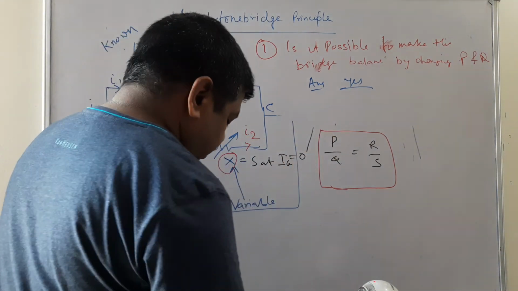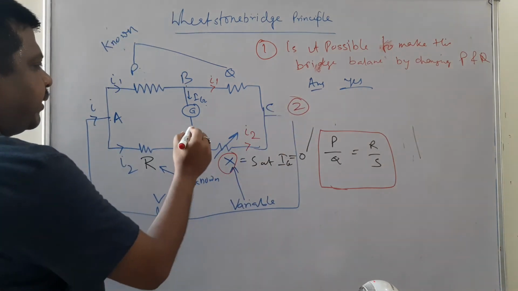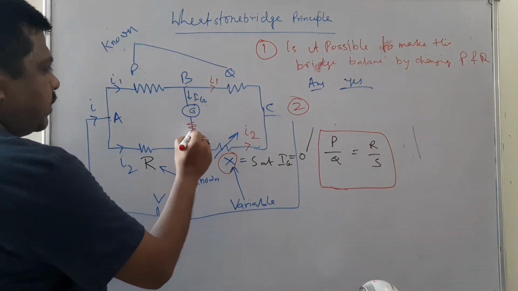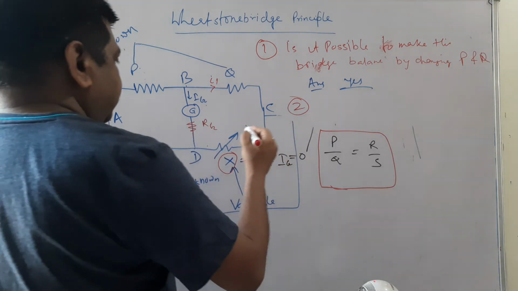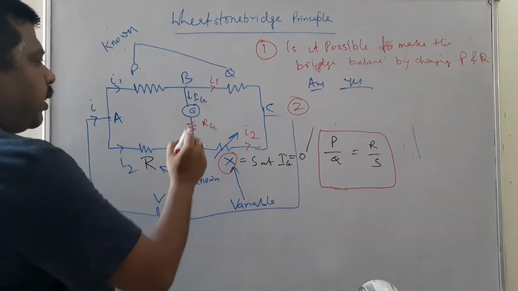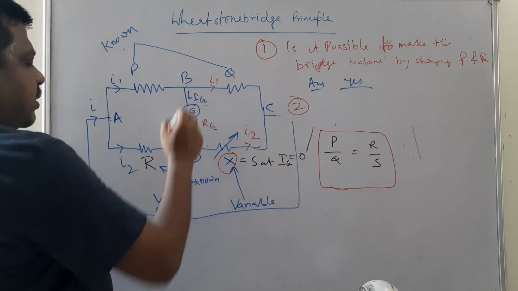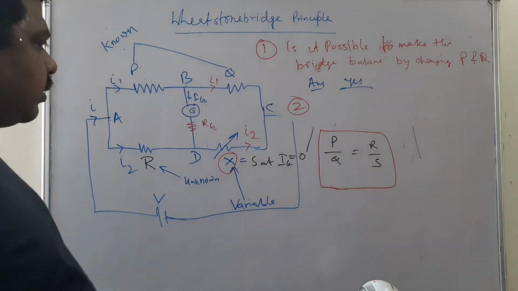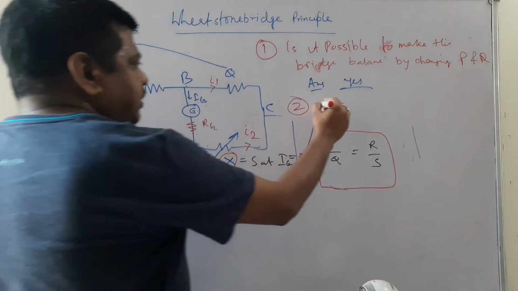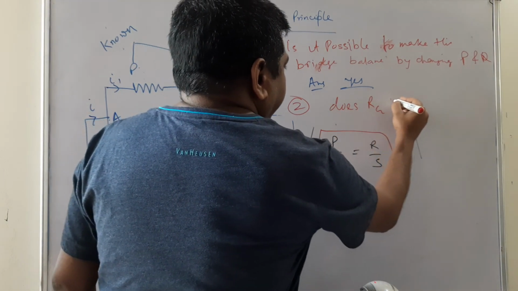Another question, the second question: if I add a resistance, let's say Rg, with G in series, so here G and Rg are in series, what will happen? Does Rg have any impact?